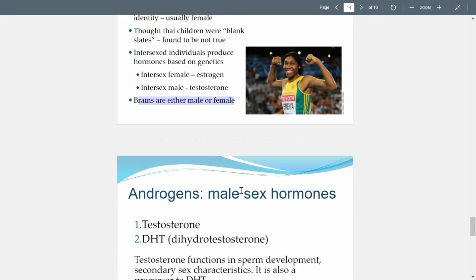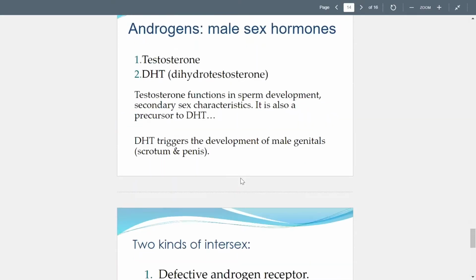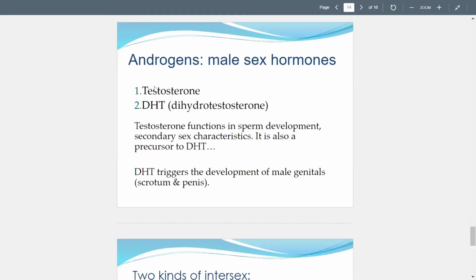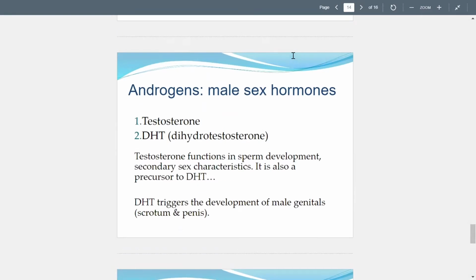As we mentioned briefly earlier about androgens, androgens are basically male sex hormones, and those include testosterone and DHT. We know that testosterone functions in sperm development and secondary sex characteristics, like pubic hair and so on.